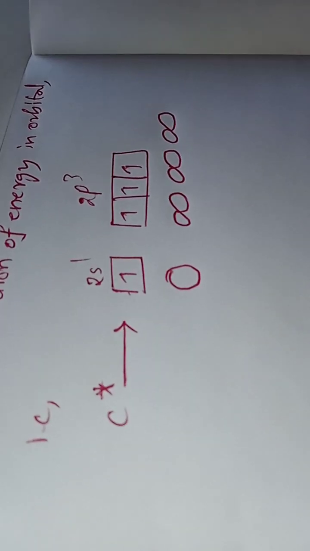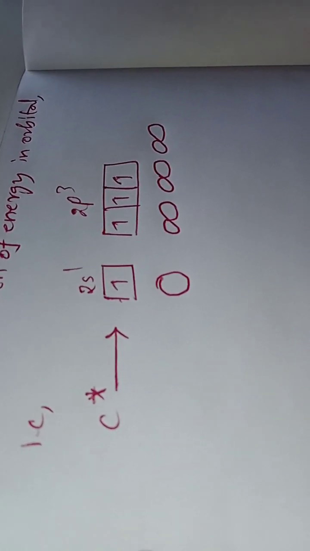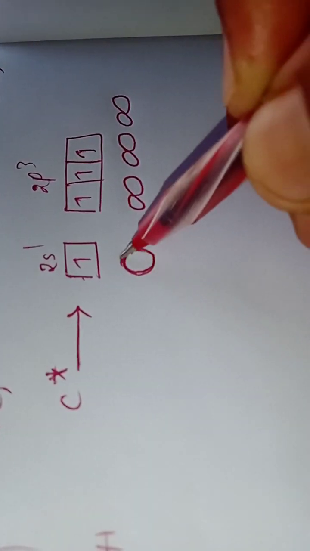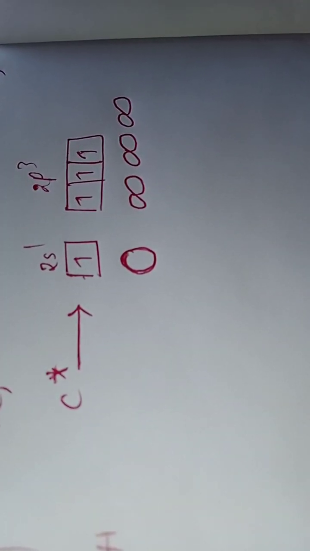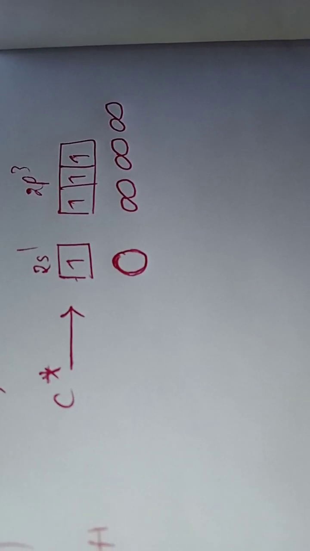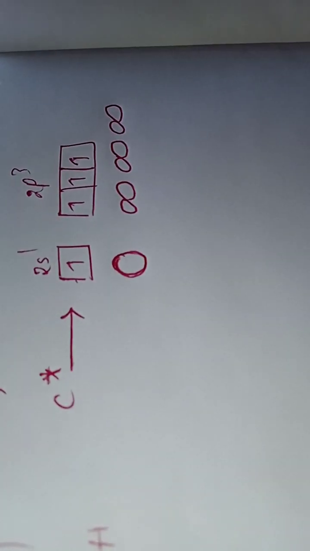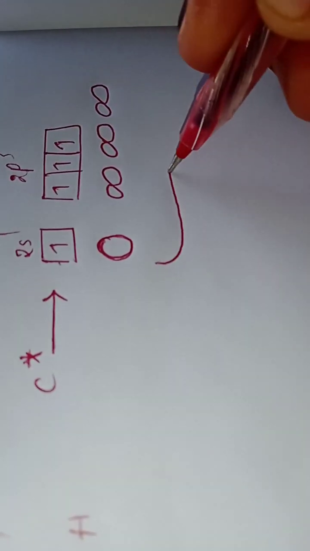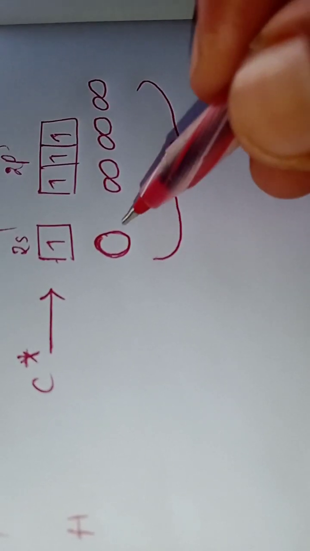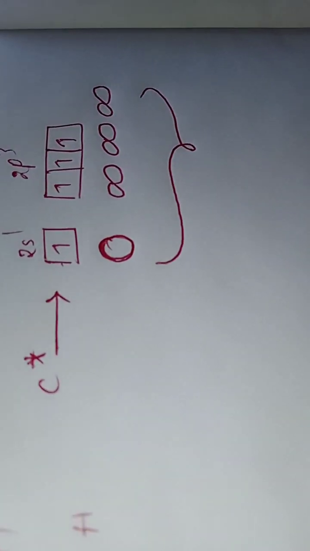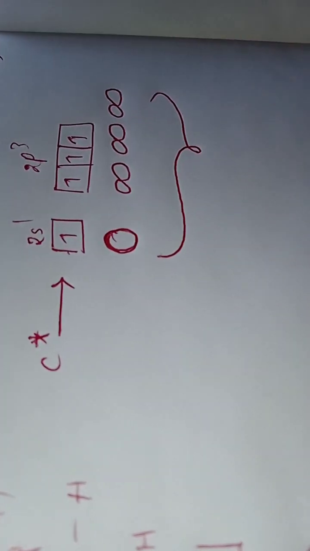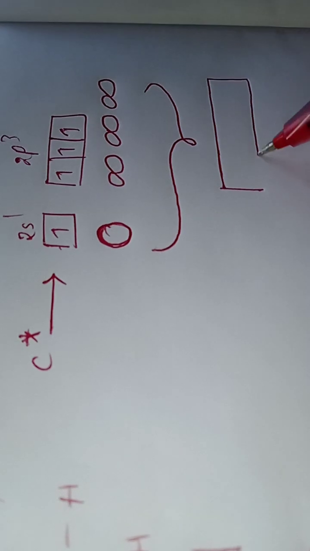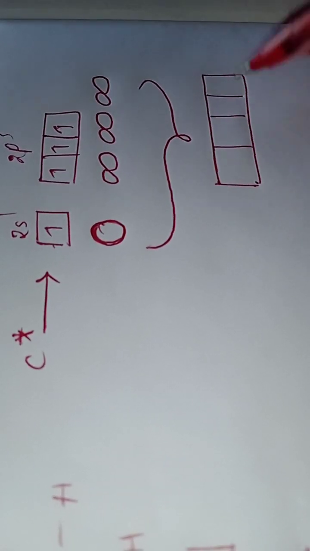Now we make hybridization for this 1 s orbital and these 3 p orbitals, so that they have the same bond strength in forming methane. Hybridization makes them same-energy orbitals: 1, 2, 3, 4.